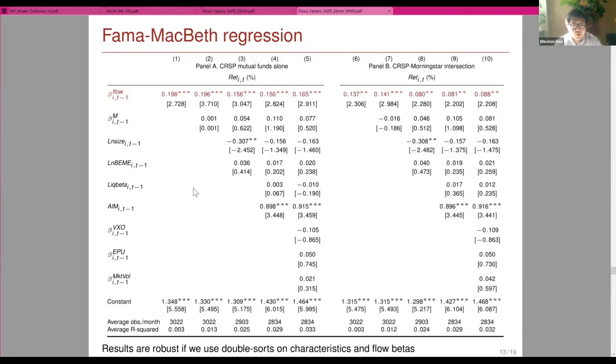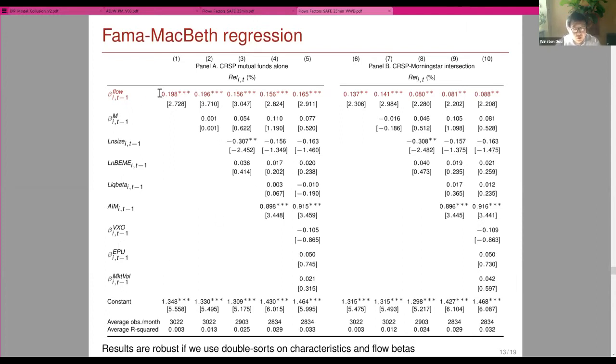So another question is whether the asset pricing result based on this flow beta can be subsumed by other potentially more fundamental characteristics of firms. A natural analysis for this is the Fama-MacBeth regression. So we look at the market beta and the firm size, book-to-market ratio, the liquidity beta, and the liquidity measure, and other betas to uncertainty measures. We control for those.